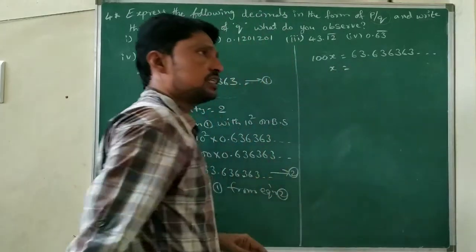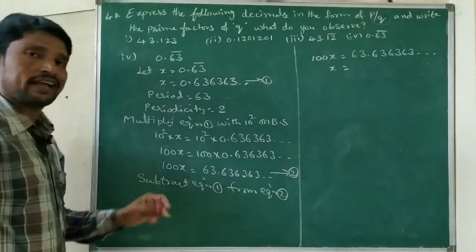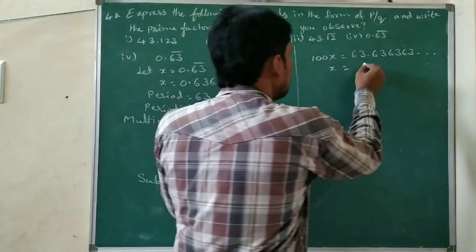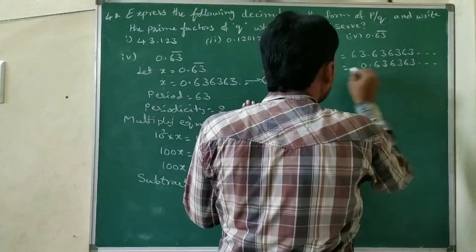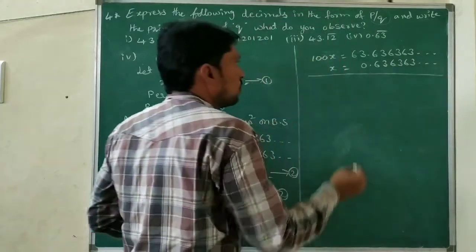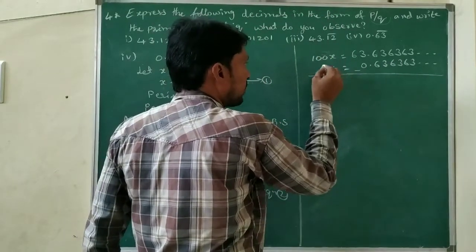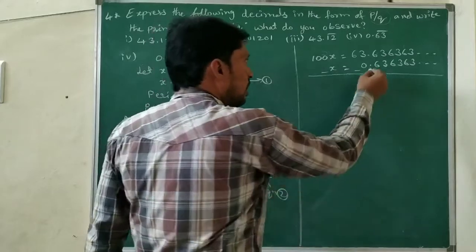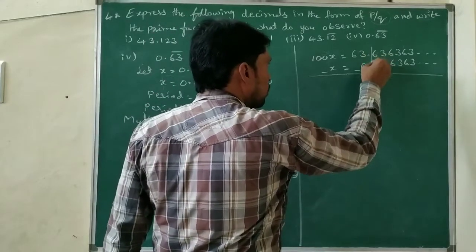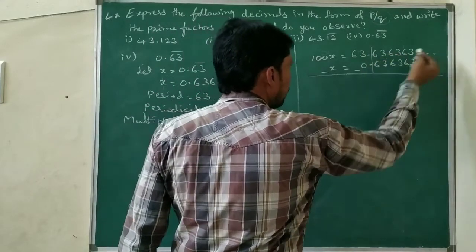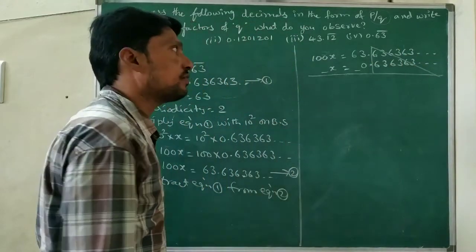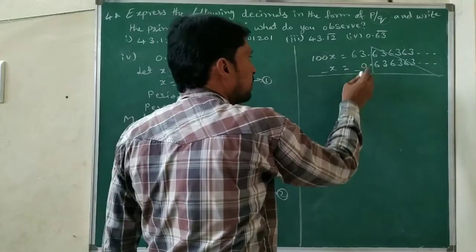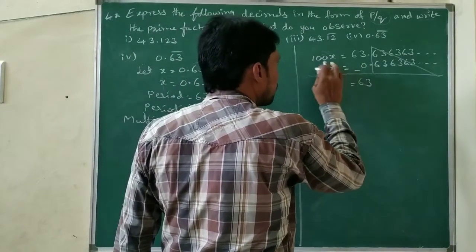The first equation is x equal 0.636363 and so on. Subtracting means we change the sign. After the decimal, 63, 63, 63 are all the same, so we can cancel them. So 63 minus 0 is 63.